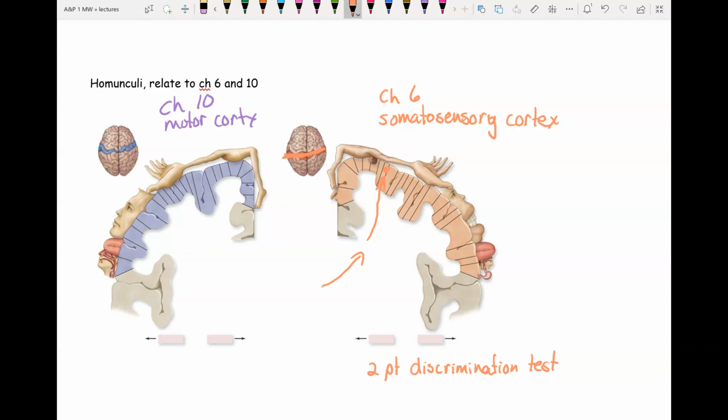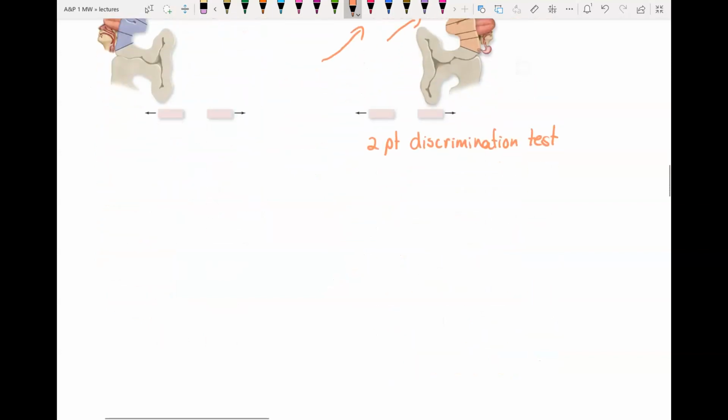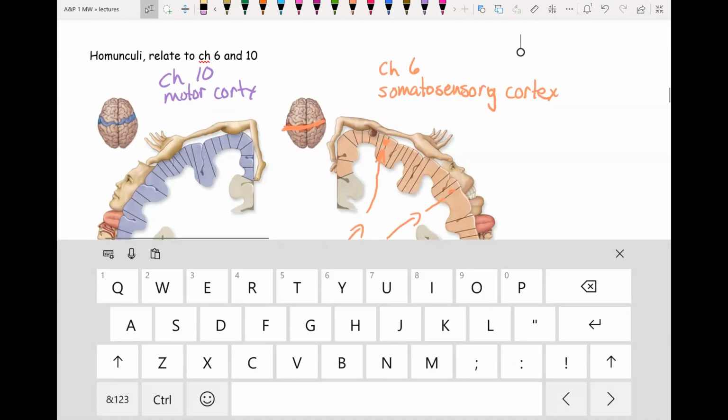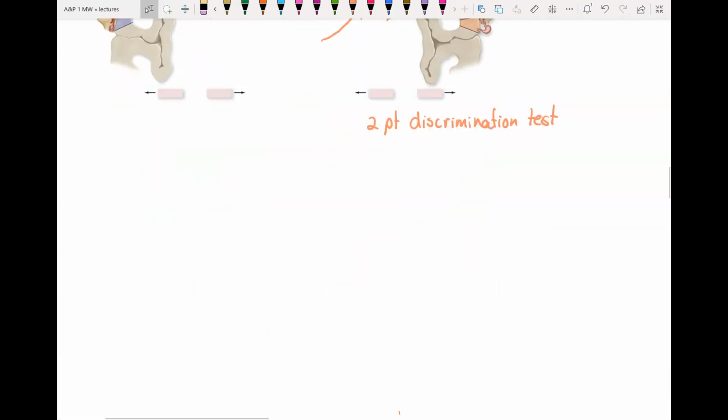And that's how they knew you were poking their elbow. If you poked them on the face, that signal from the face would come in right here, and they would feel you poking them just above their upper lip. Right? So you have this map of the body in your brain. The somatosensory cortex has a map of the body.